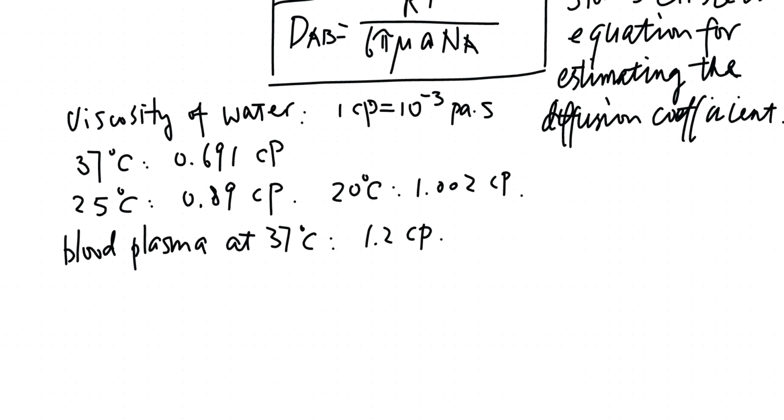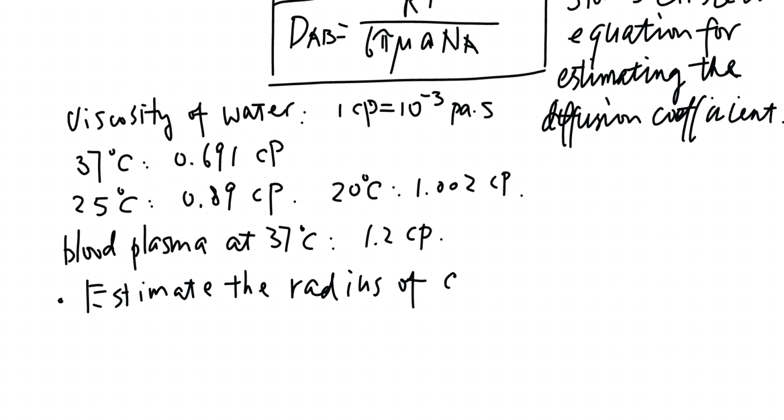So let's see, how do we estimate the radius of a particle given its molecular weight.